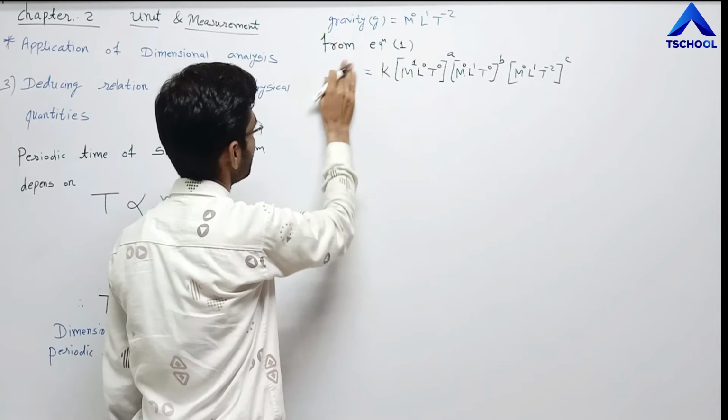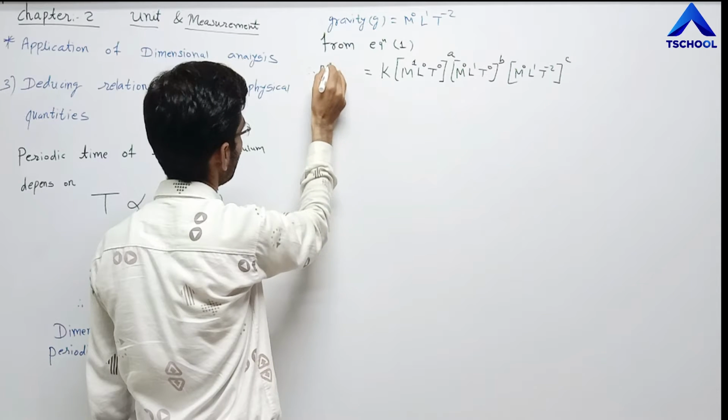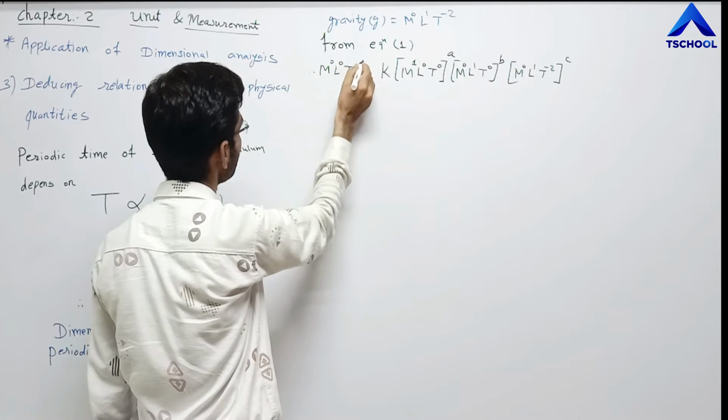Now periodic time T has dimensional formula m0 l0 t1.